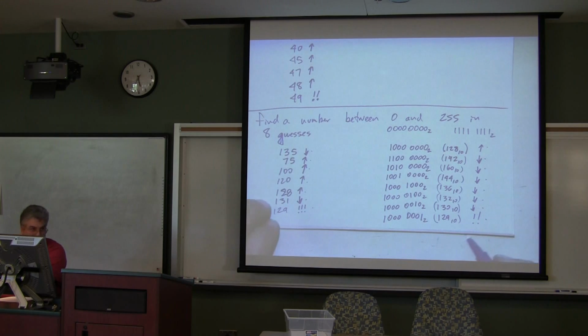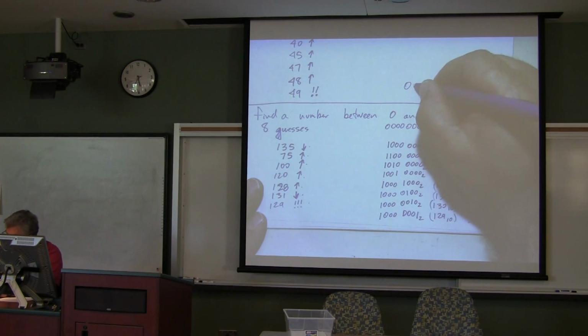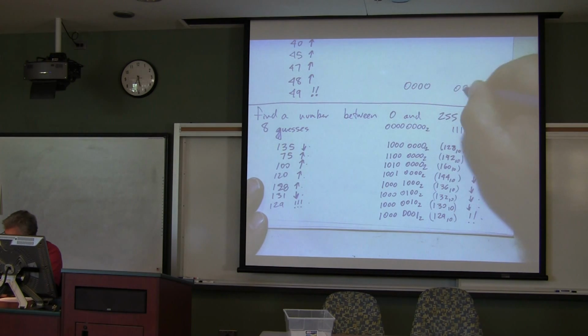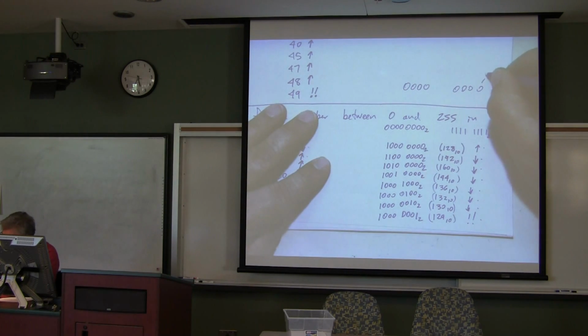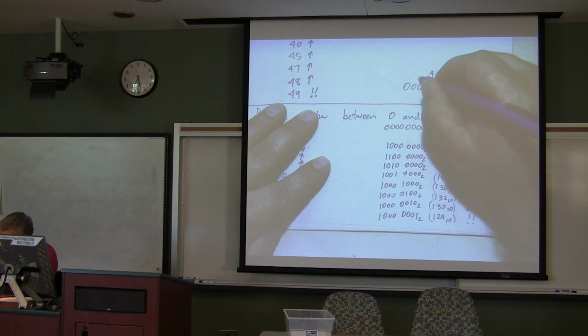It's base 2. So for each place, this is 2 to the 0. This is 2 to the 1. 2 to the 2. 2 to the 3. 2 to the 4th. 2 to the 5th. 2 to the 6th. 2 to the 7th.